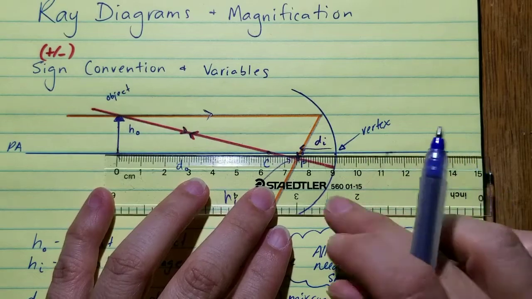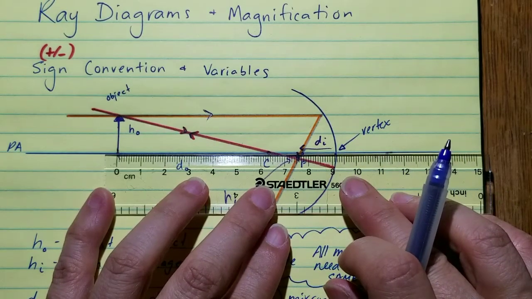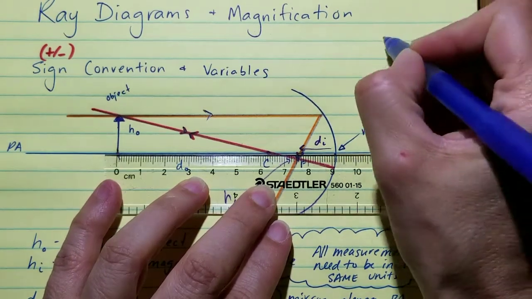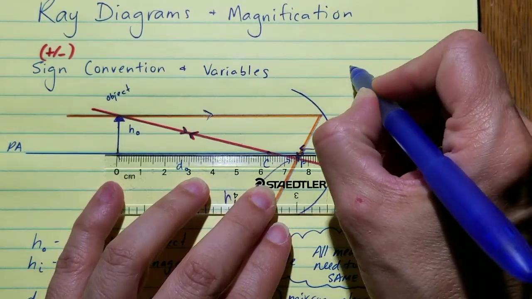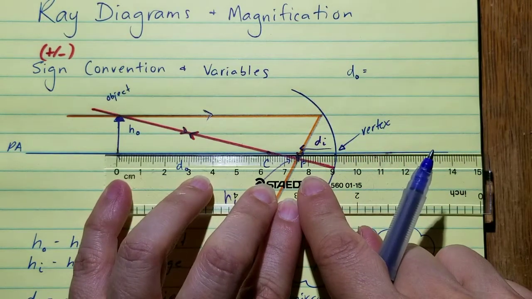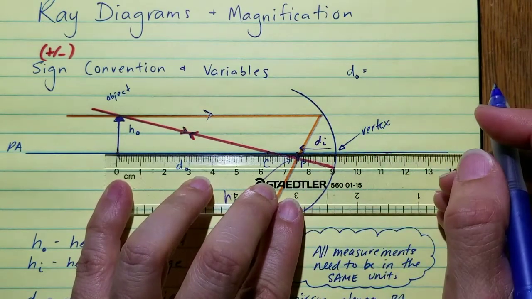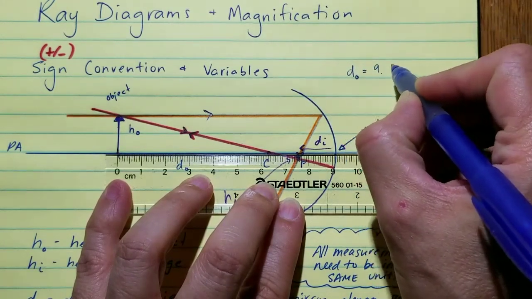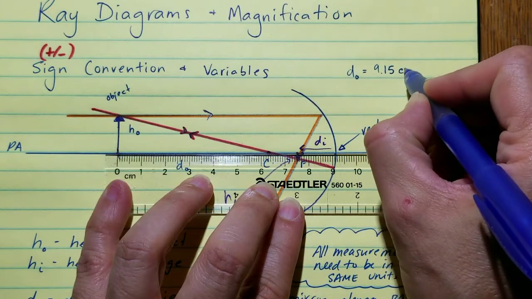So I have the distance to my object. I'll write it here. Distance to my object is equal to 9.15 centimeters.